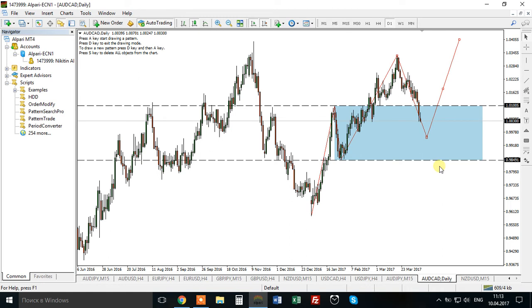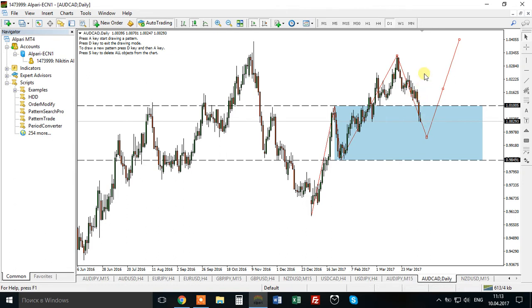Somewhere here I am expecting price to start moving to the upside. Well, I have finished my identification part, we have an uptrend, and I have finished my prediction part, that the price will most likely move higher, and somewhere within this rectangle I am expecting it to start the actual movement.